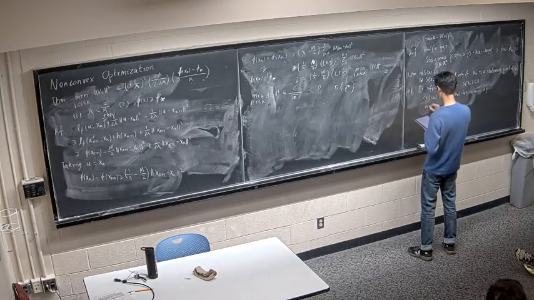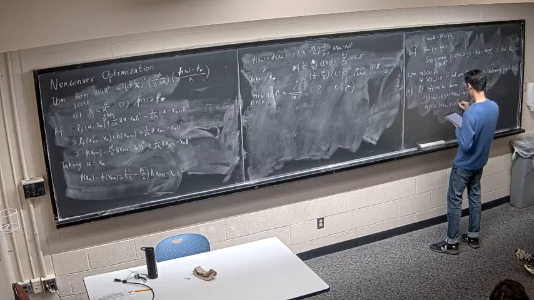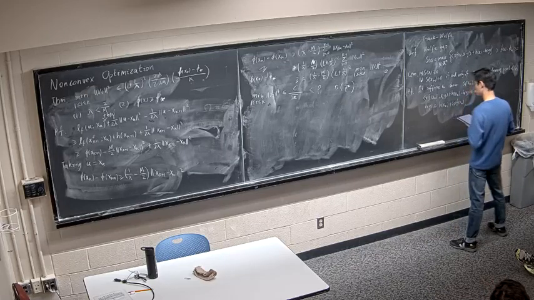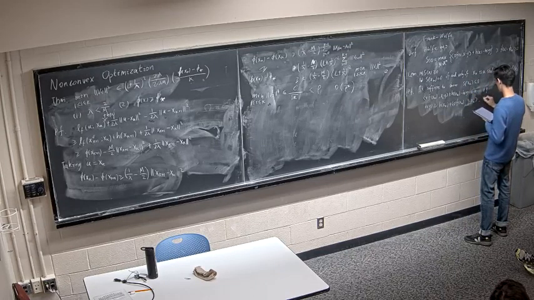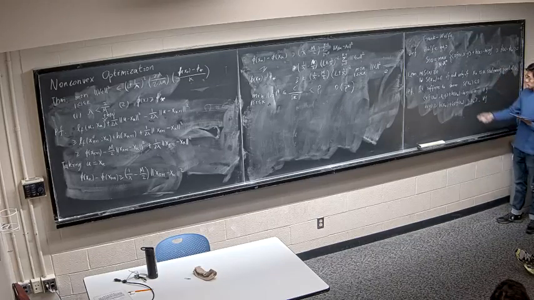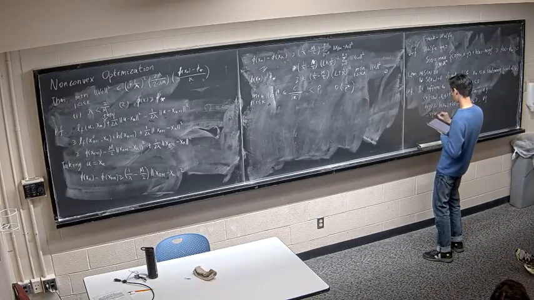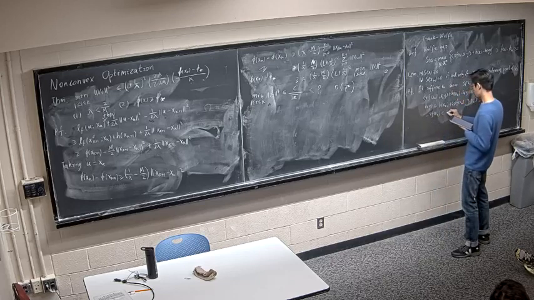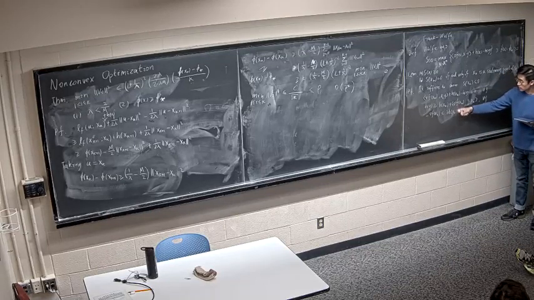We get h of y... This is just algebra here. And what this is saying is that negative gradient of f at x star belongs to the subdifferential set of h at this point. By definition, they are the same.